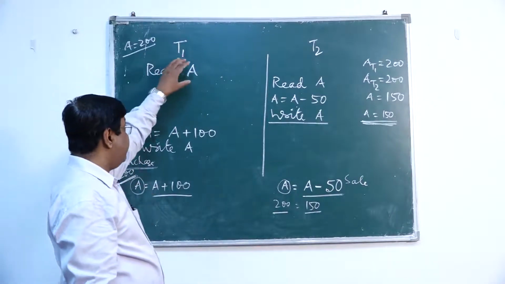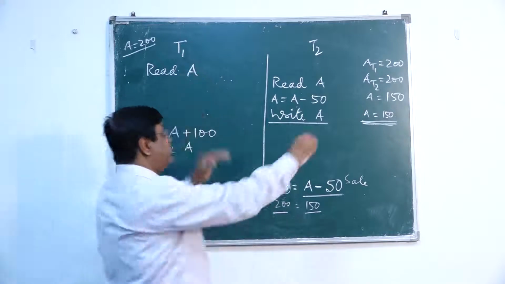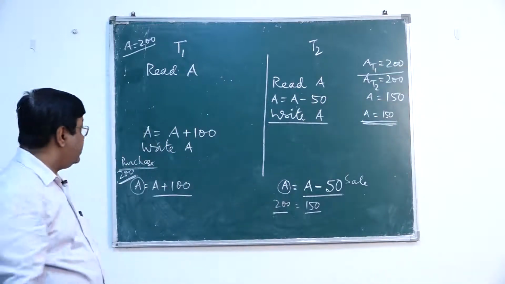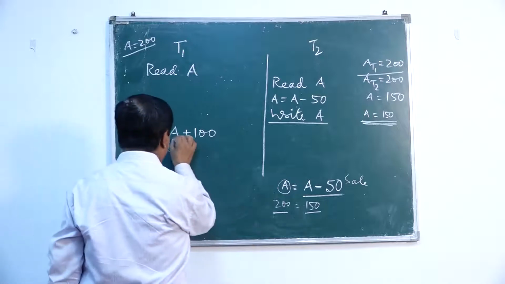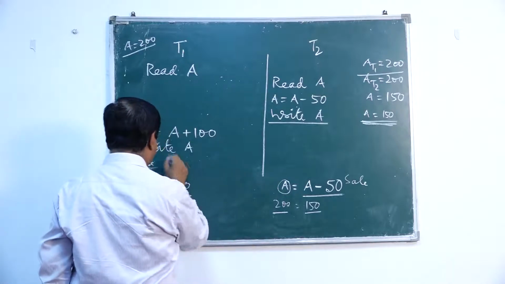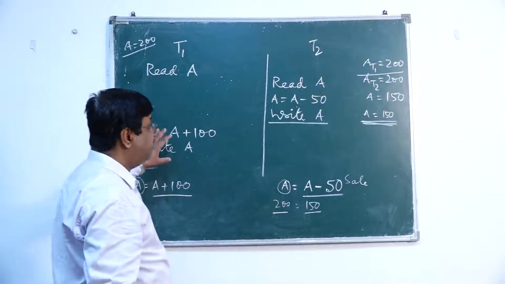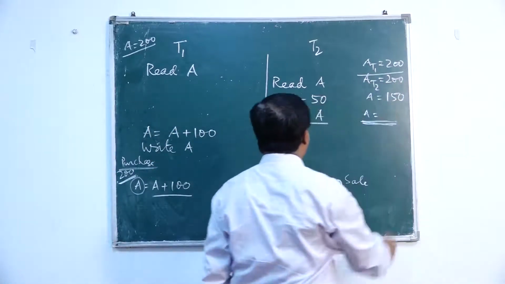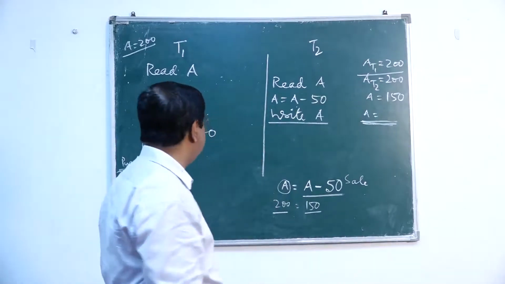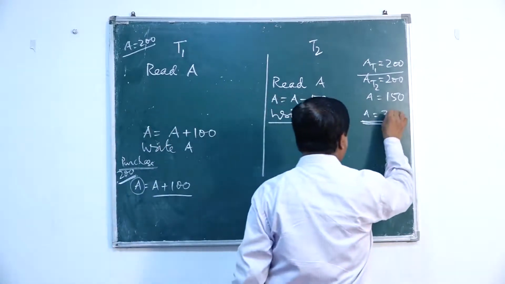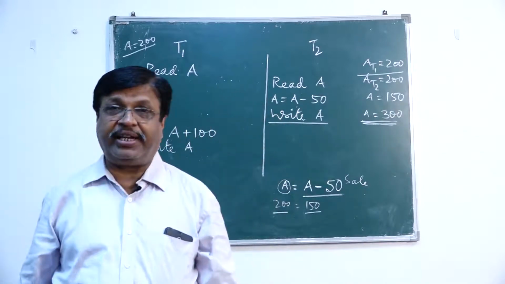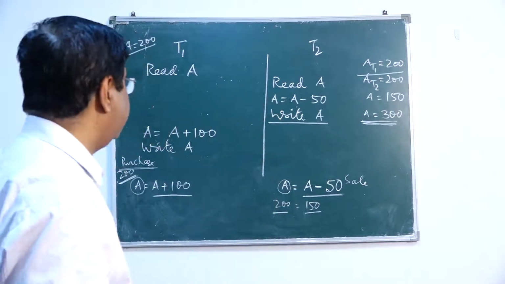So, the value for A in the memory is 200. This would become 300, and the processor would go to the secondary memory and wipe out the value written by transaction T2, and then write 300. So, the final value of A would be 300.